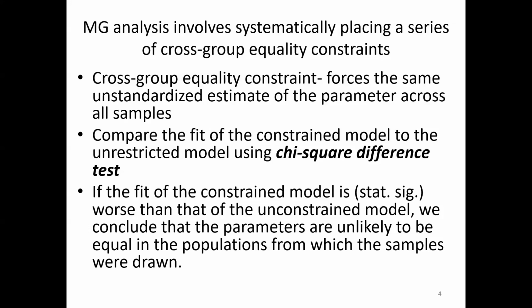Because you're going to use the same marker variable across the two groups. Clearly, it needs to be the same item. And remember, with the marker variable, we're constraining that path to be 1. So if I constrain the path to be 1 in this group and in this group, I am actually constraining the unstandardized loadings to be equal for that one item. So I can't actually test whether there's a difference on that item.